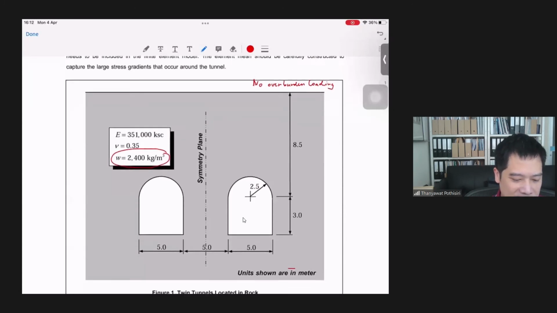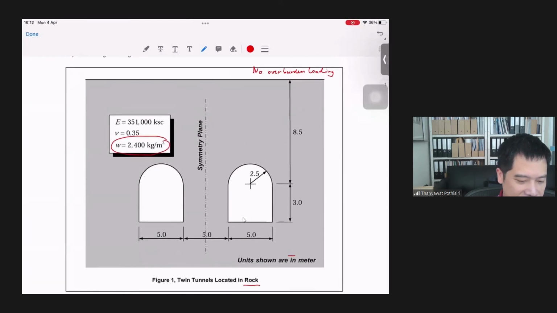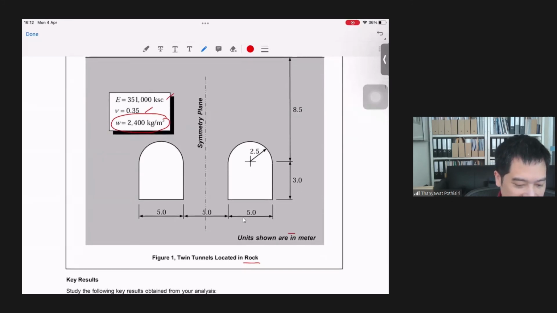Now all the mechanical properties are provided. You have the Young modulus and the Poisson's ratio of the rock here, and the geometry of the tunnel is given here. All units are shown in meters.